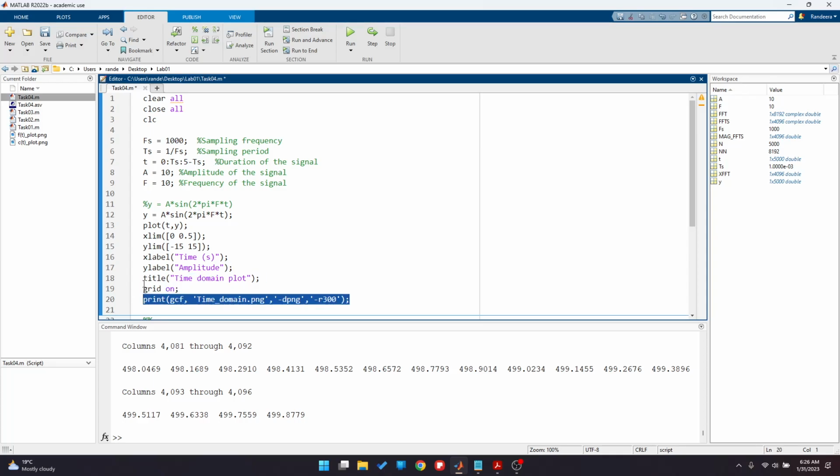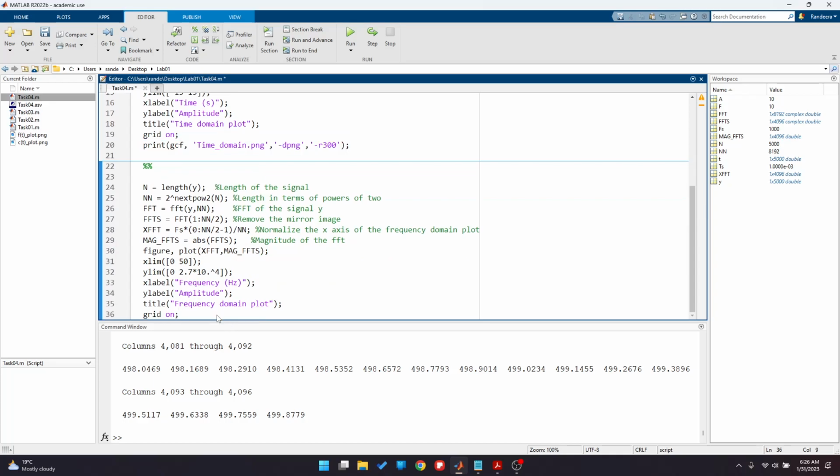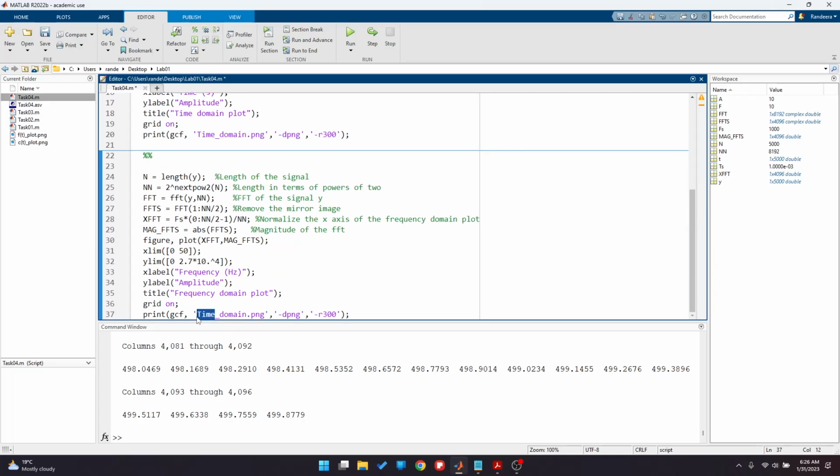This one I will copy for the frequency domain as well, and I will say this is frequency domain.